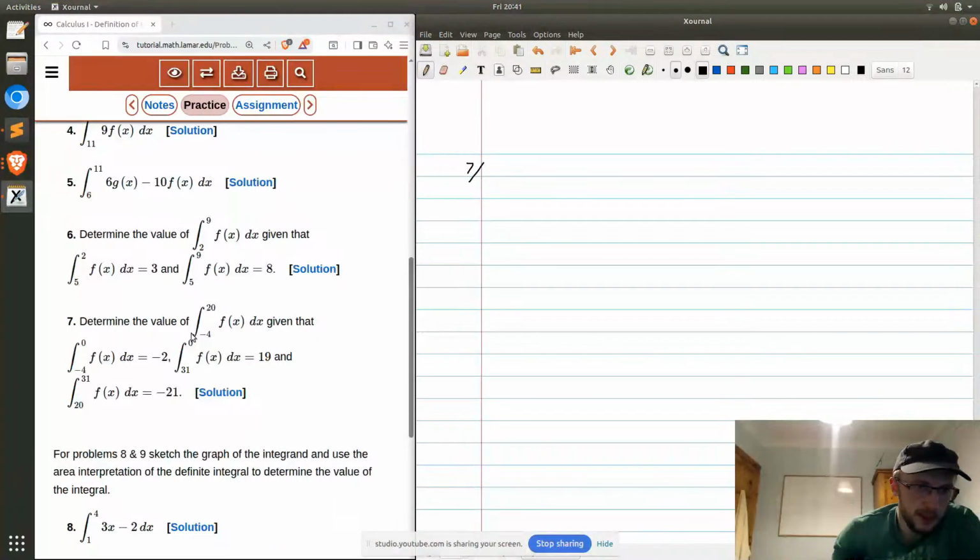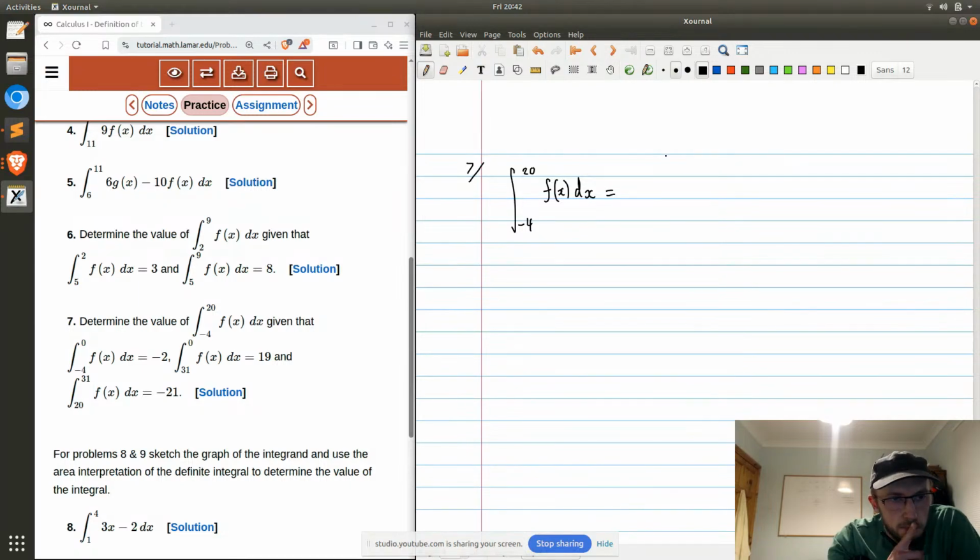All right, so we are told these facts. And we have to find that integral right there. All right. From negative 4 to 20, f of x dx. Make that one negative.